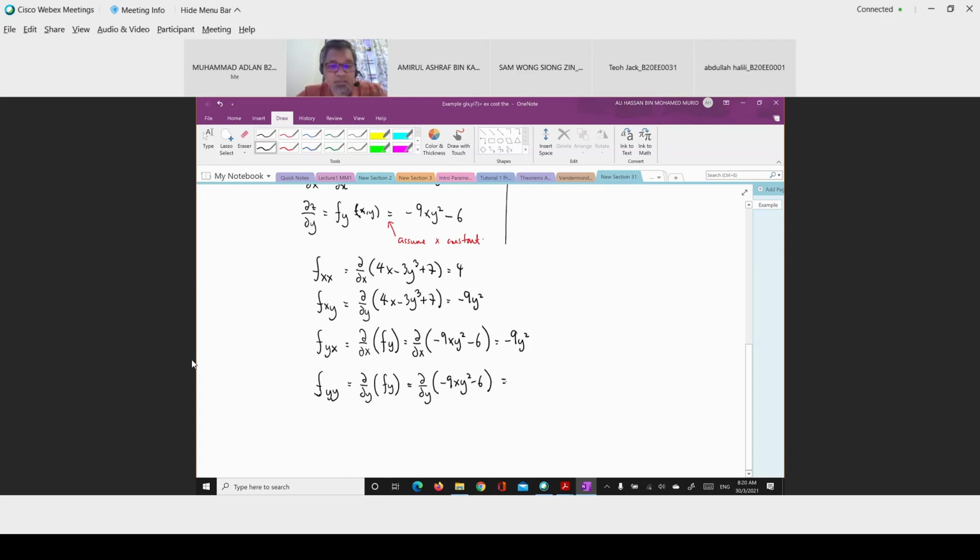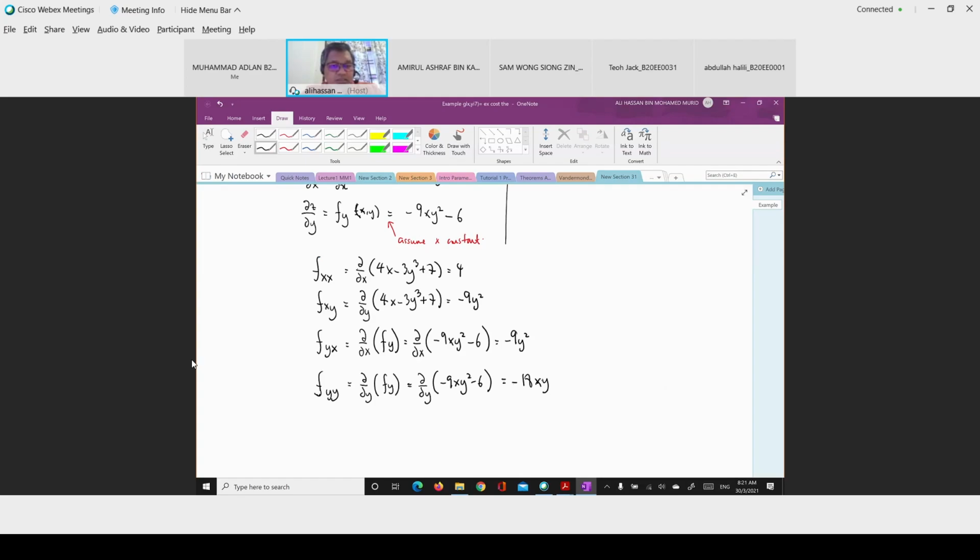What is the answer here? Minus 18xy. Yes, minus 18xy. So it's clear how to take second order partials here.